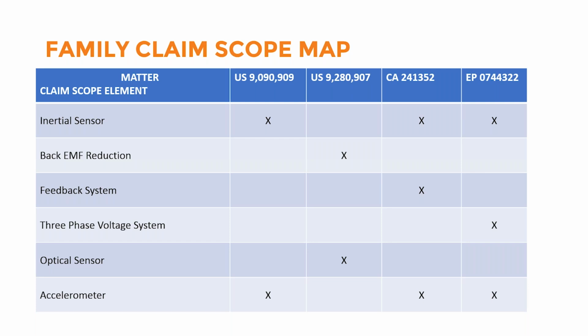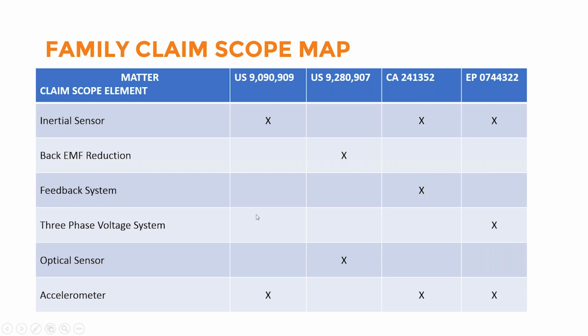with back EMF reduction. And then we can see my Canadian case is probably most related to that 909 U.S. case because it relates to the accelerometer inertial sensor, and it looks like the applicant had to add the limitation of the feedback system.